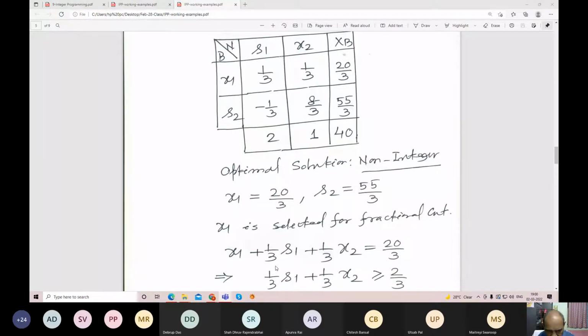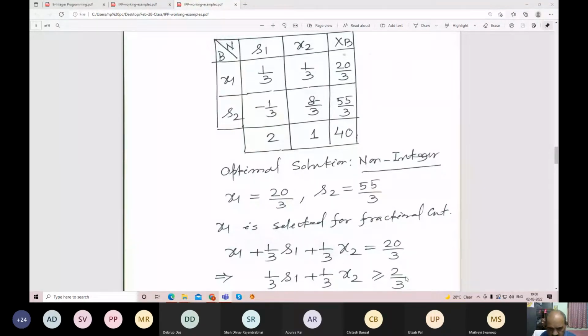If you subtract, this gets cancelled, and x1 is less than or equal to 20 by 3 minus 2/3, that is 18 by 3, so less than or equal to 6. x1 less than or equal to 6. Somebody guessed x1 equal to 6, and we have got from here itself x1 less than or equal to 6. That is the cutting plane.